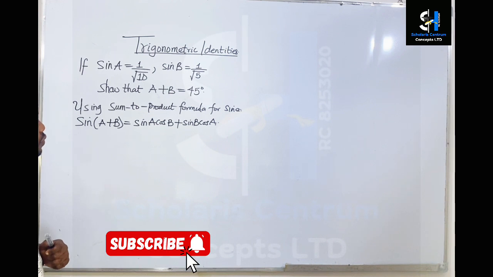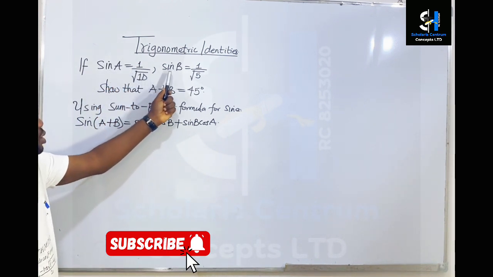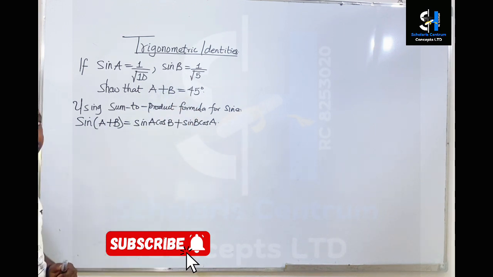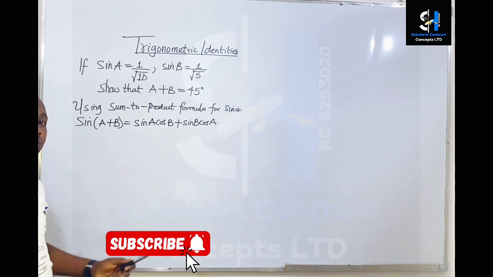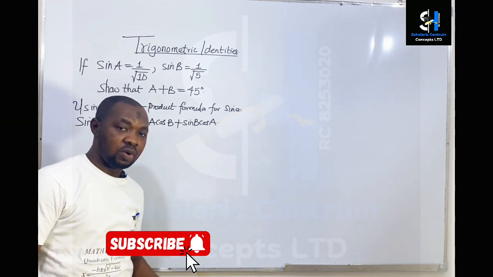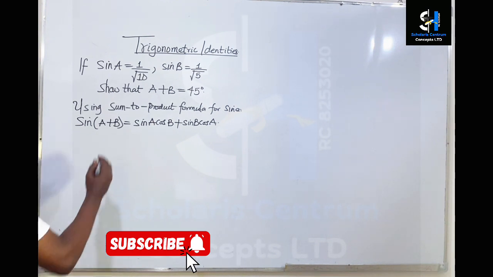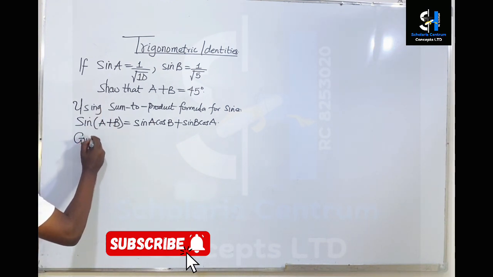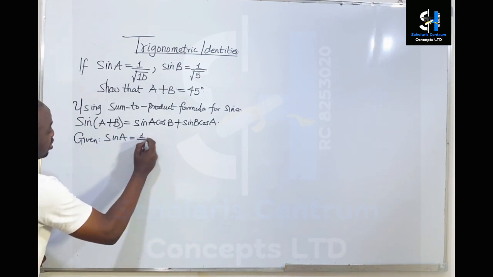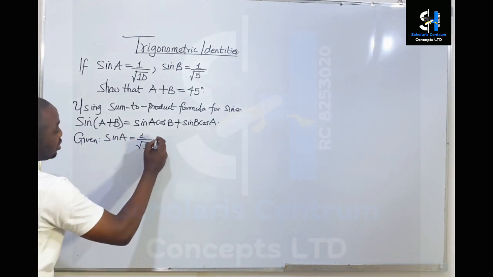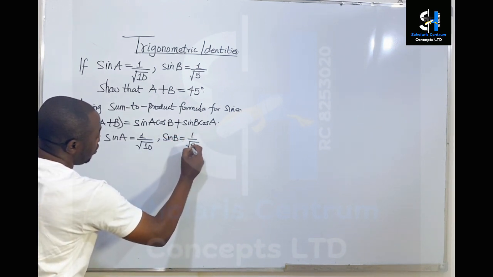Now let's not forget that we are given sine A equals 1 over root 10, and sine B equals 1 over root 5. But here we don't have cos B and cos A. So that means we would need to find cos A and cos B. Remember, we are given sine A, which is equal to 1 over root 10, and sine B, which is equal to 1 over root 5.